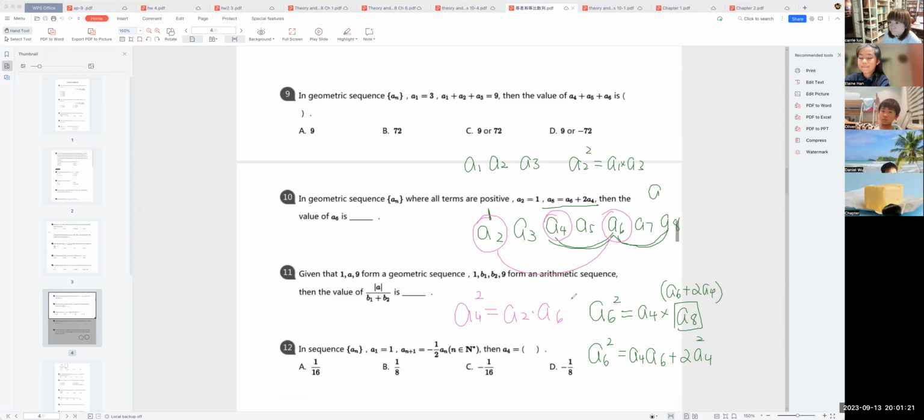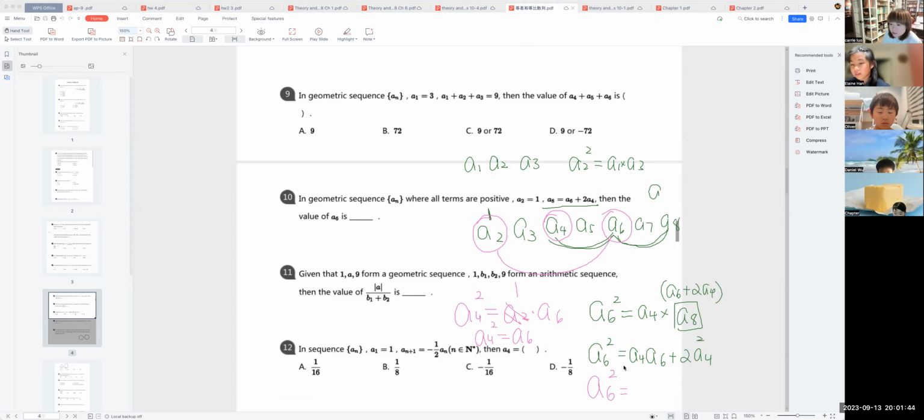Elaine? Oliver? Because A2 equals 1, so A4 squared equals A6, correct? So now we have the equation is A6 squared equals A4 times (A6 plus 2A4). Sorry, I don't want A4, I want A6.